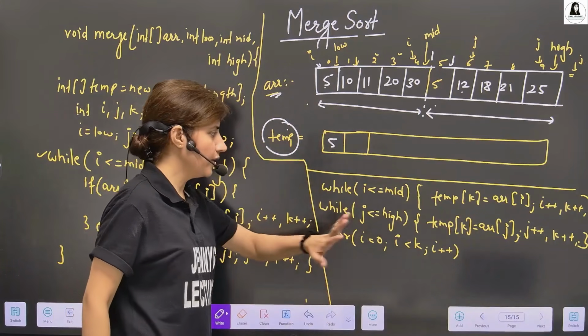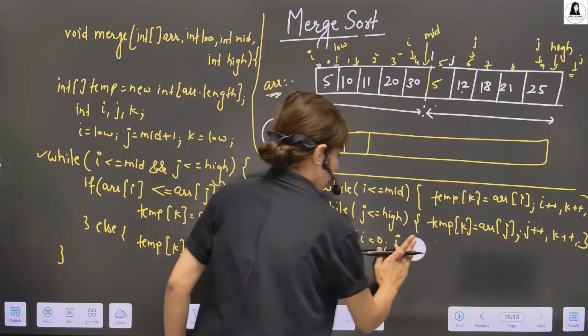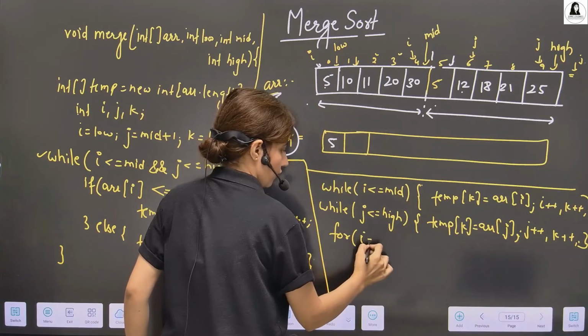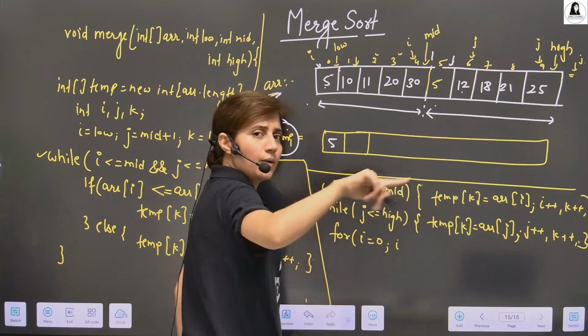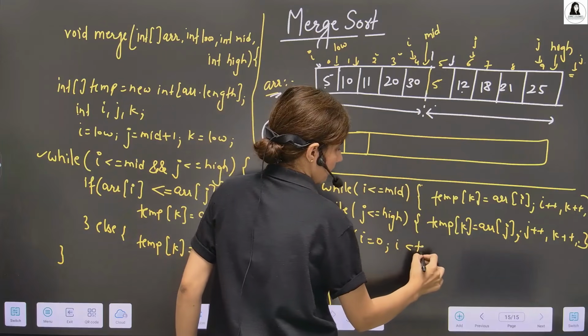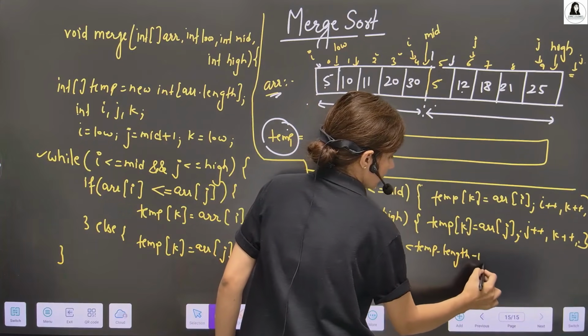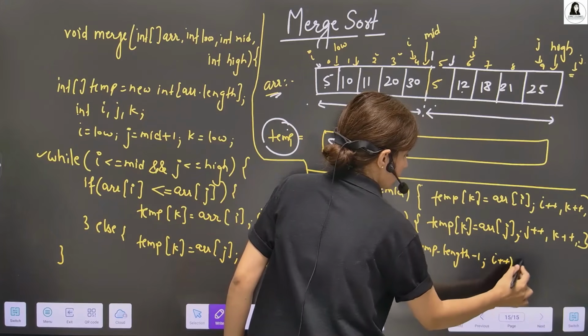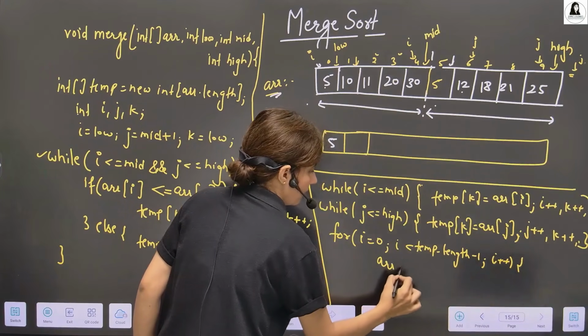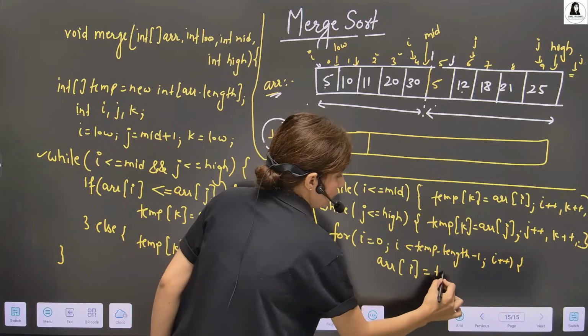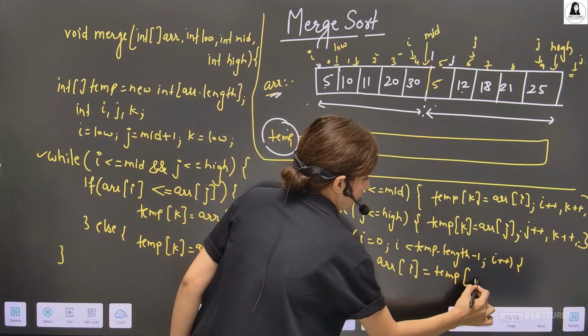Why I'm writing k, you will get to know. Suppose rather than k, let's write here, for now, after that we update this, i less than temp dot length minus 1 and i plus plus. Till then we will copy array of i is equal to temp of i.